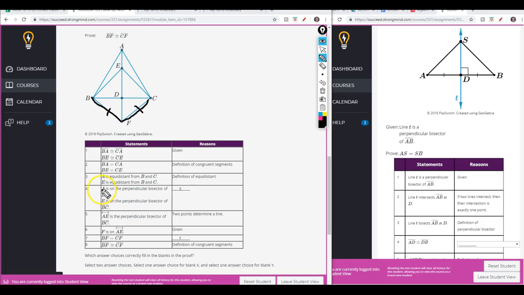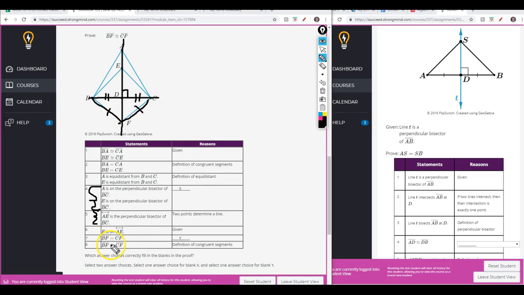Well, we just established in statement 5 that this line is the perpendicular bisector. That means it intersects line BC at a 90-degree angle, and it cuts it in half. So then all of the other points on it would be equidistant from B and C.